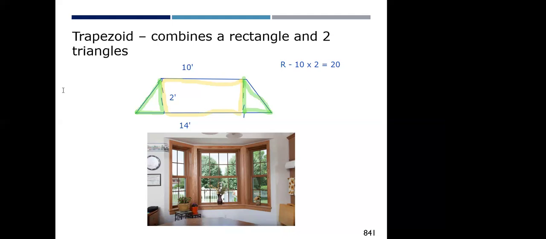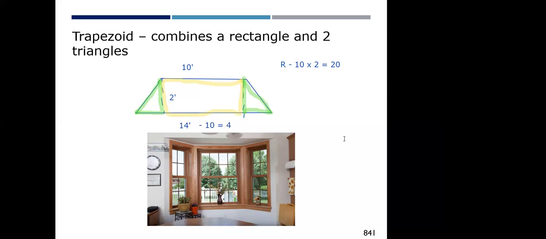If you will note, the top part is 10, the bottom base is 14. I just used up 10 of the 14 for my rectangle. So 14 minus 10 tells me that I have 4 left.